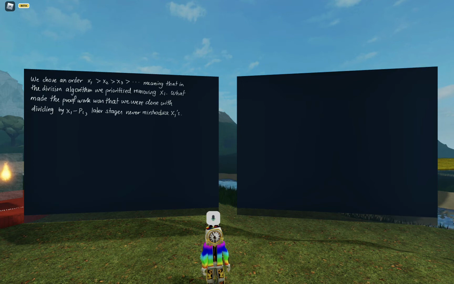Right? Once we've prioritized x1, we've removed all of them. Then when we're working on x2 or x3, we don't accidentally reintroduce an x1 that we'll have to go back then and get rid of again. Right? We can move through these stages in order, knowing that the previous ones remain complete, so to speak, while we're doing the later ones. So that was important.